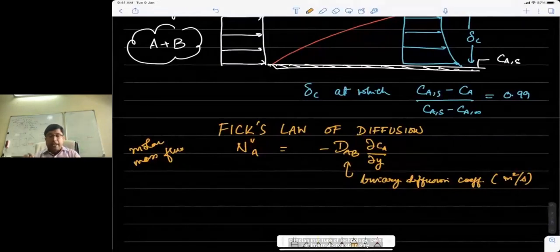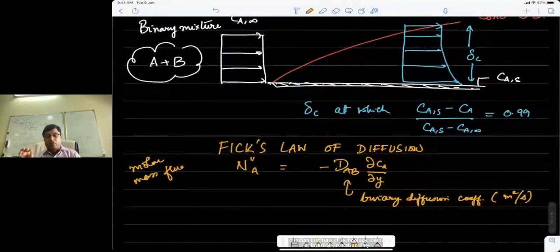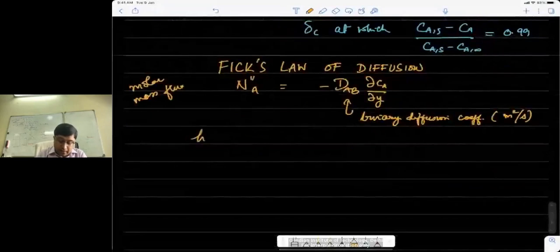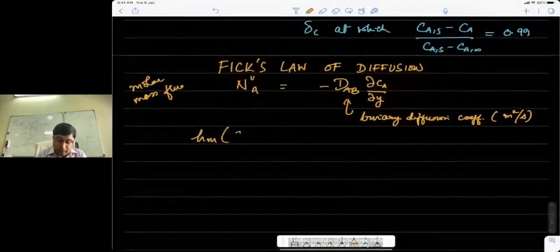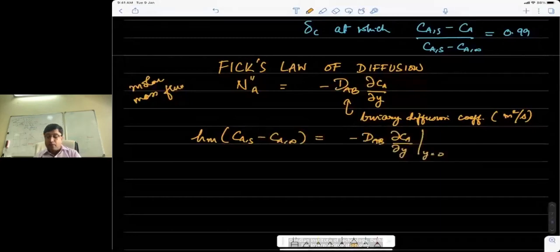The same logic is applied here as well, that at the surface or on this solid, the fluid particles come to a rest, and so transfer must take place due to conduction or due to diffusion. So I can write that the local mass transfer coefficient times (CAS minus CA infinity) should be equal to minus DAB dCA/dy at y equal to 0.